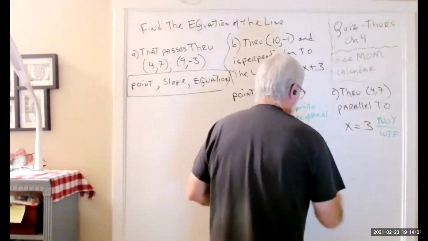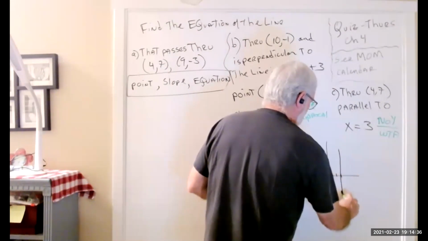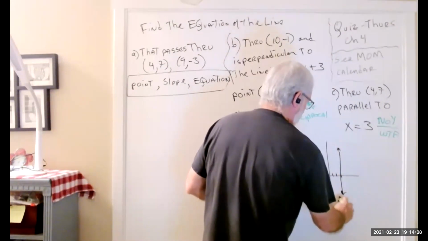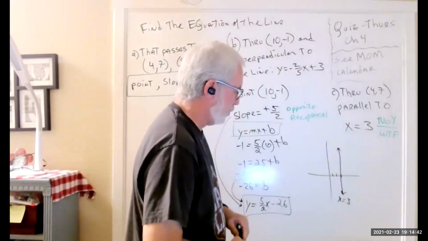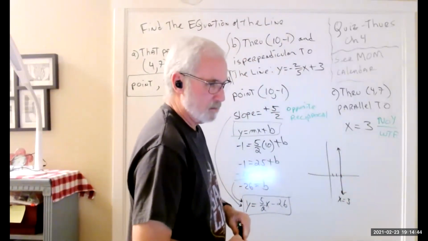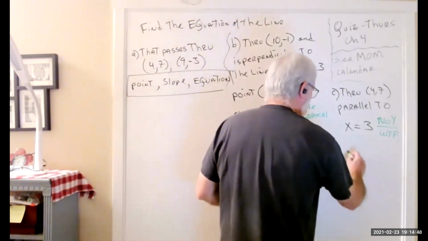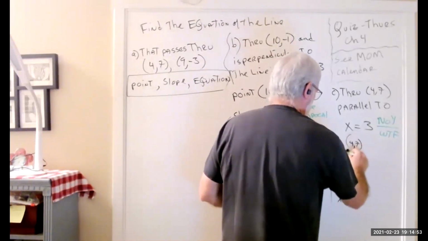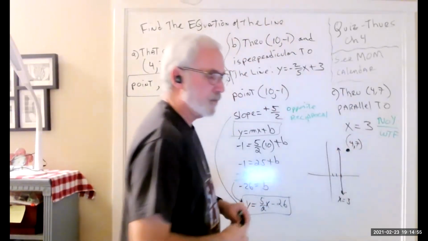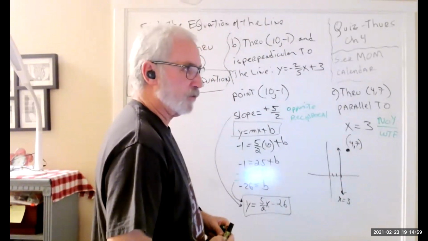I'm going to look at the graph. x equals 3 looks like that. That's the line x equals 3. Okay, I want to go through the point (4, 7), which is right there, more or less, and I want to be parallel to x equals 3.